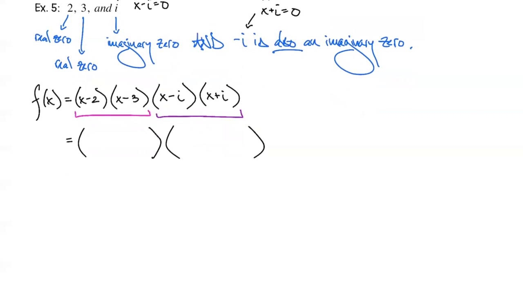Let's take a moment. I trust you folks to do this one, x minus 2 times x minus 3. That you can do. Let's make sure we are doing this x minus i, x plus i correctly. Okay. So x times x, x times i, negative i times x, negative i times i. x squared plus xi minus xi minus i squared.